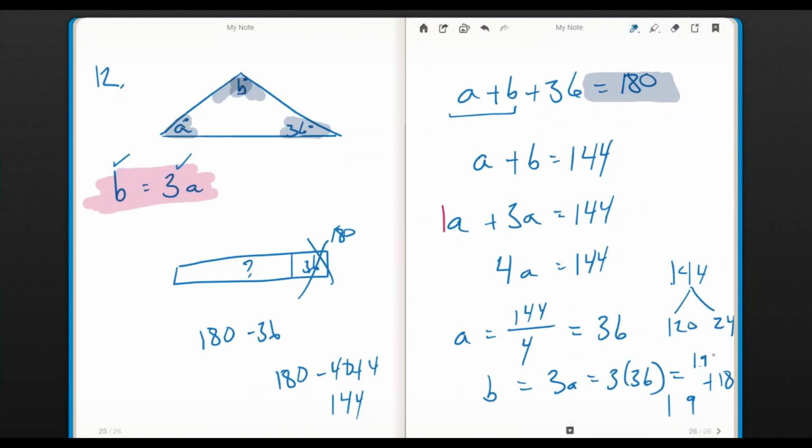Hold on, can't write and talk. 90 plus 18 is 108. So angle A is 36 degrees. Angle B is 108 degrees.